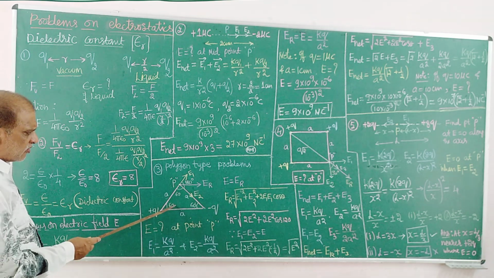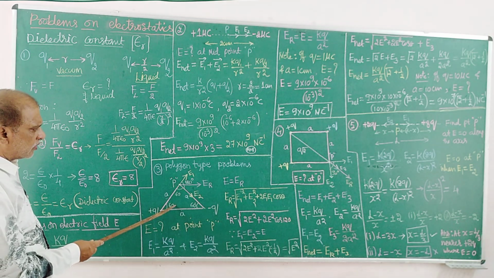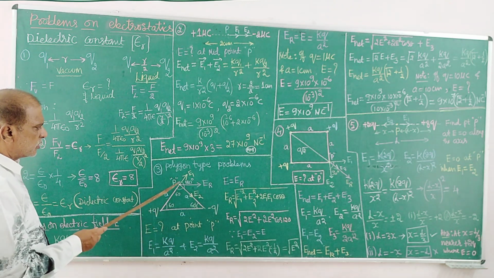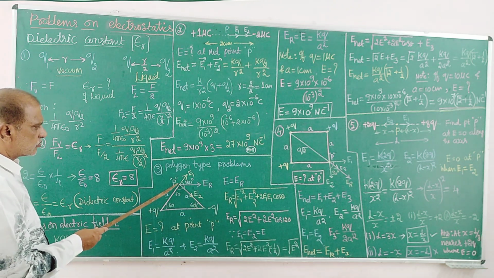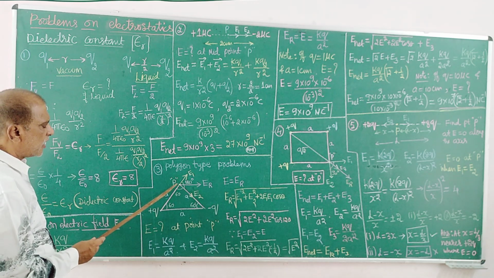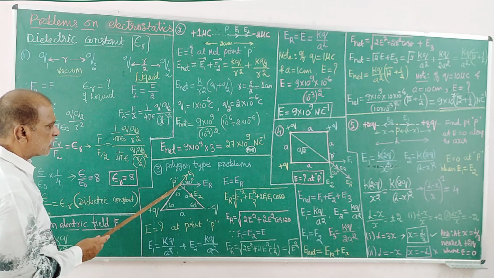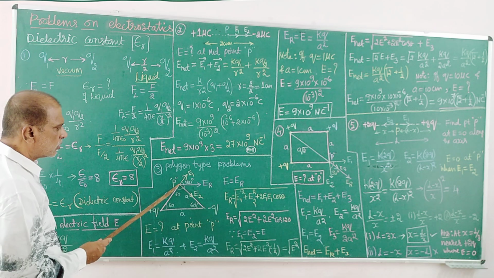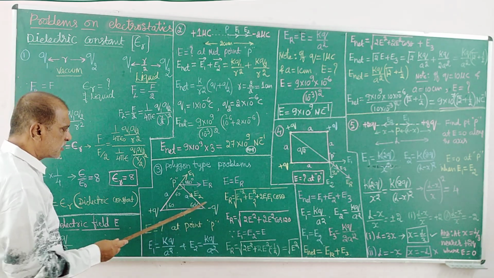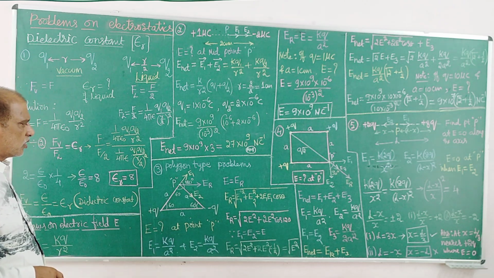That is an equiangular, equilateral triangle. The charges are at these vertices and the point is at this vertex. Now, the problem is we have to calculate the electric field at this point due to these two charges of the same magnitude, of course one minus and the other plus.